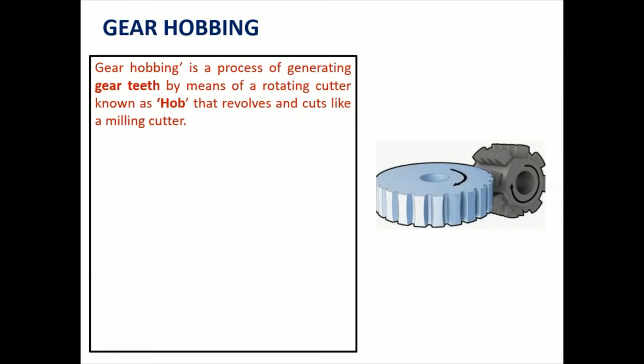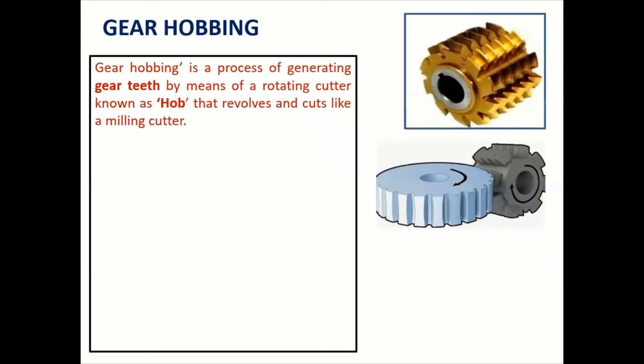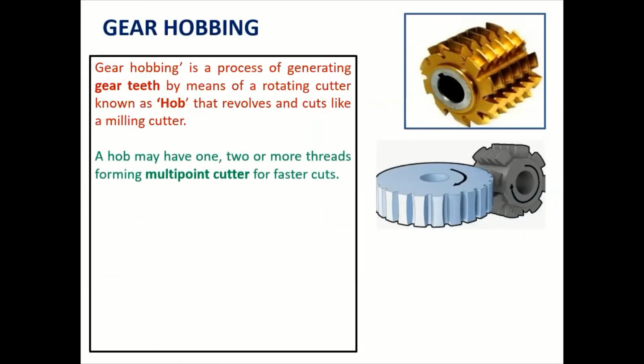Basically, the gear hob is cylindrical in shape with helical teeth on it. You can observe the number of teeth on the periphery, so it is called a multi-point cutter.